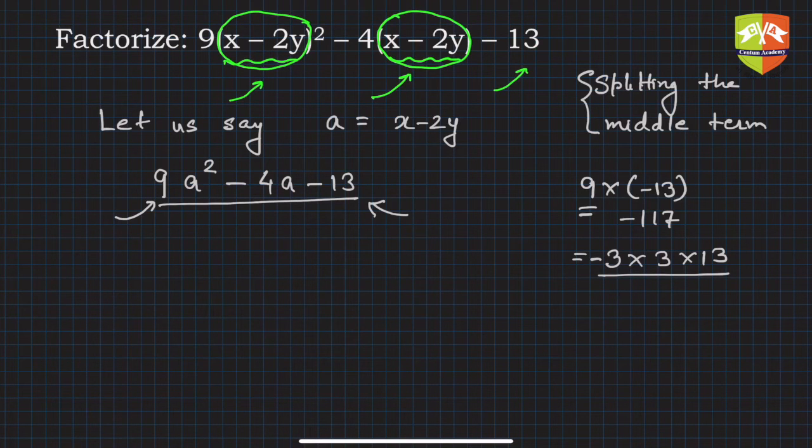So within these factors only, we have to find something so that the sum becomes the middle term, minus 4. How do we express 9 into minus 13 in a broken form?